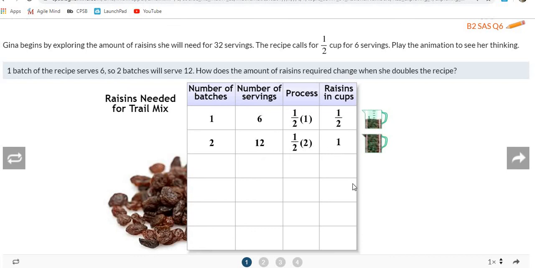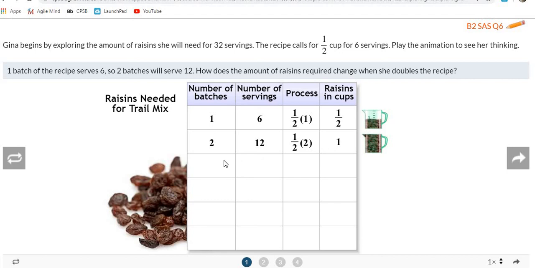You can see here, a half, and then 2 sets of a half equals a whole cup. I know how to multiply whole numbers and fractions: whole number times the top, 2 times 1, divided by the bottom. So 2 divided by 2 is 1.